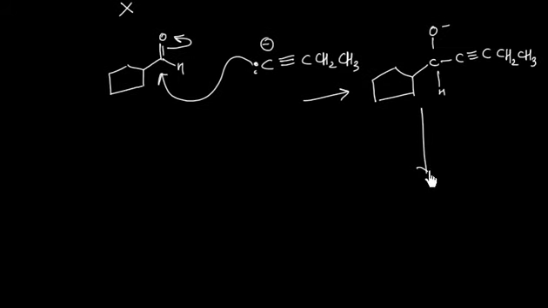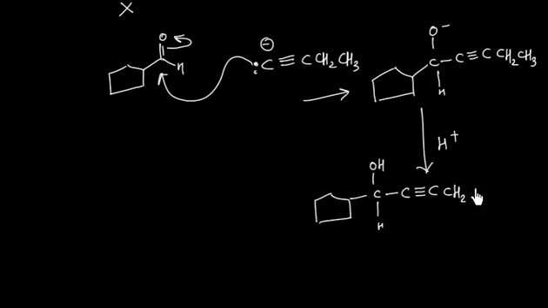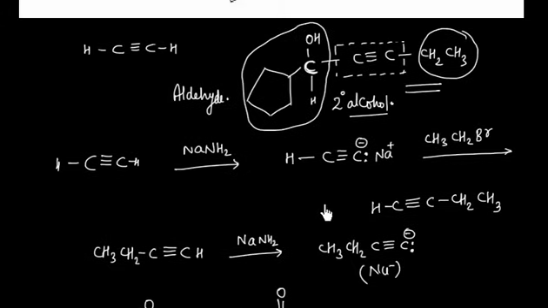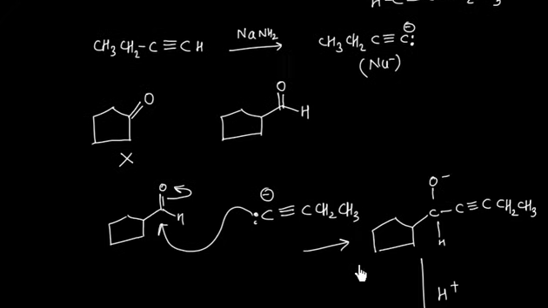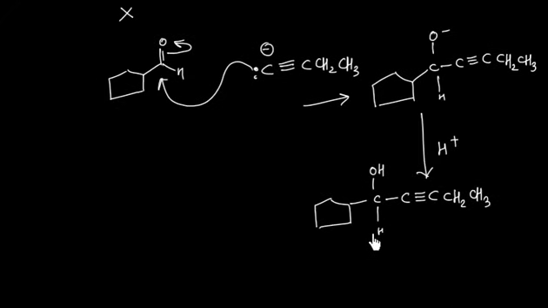Now we do protonation, that is if we add H plus, we will have COH H C triple bond C CH2CH3. So this is the desired compound we need. That is, I need a 5 carbon COHH, 5 carbon COHH, and then we have C triple bond CH2CH3.